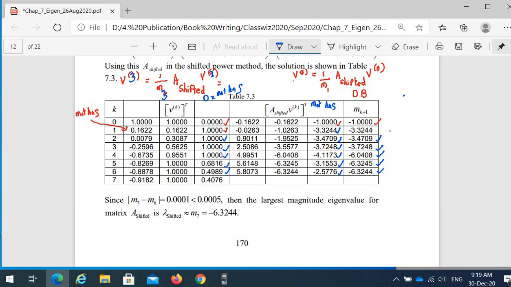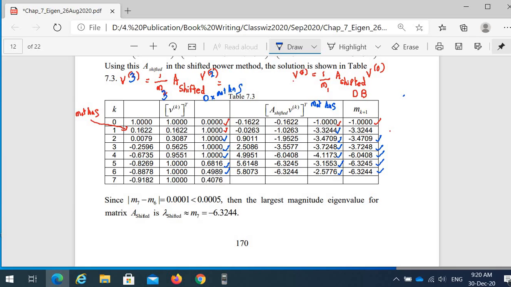Then the largest magnitude eigenvalue for matrix A shifted is actually lambda shifted. Lambda shifted is actually M7, which is equal to negative 6.3244.